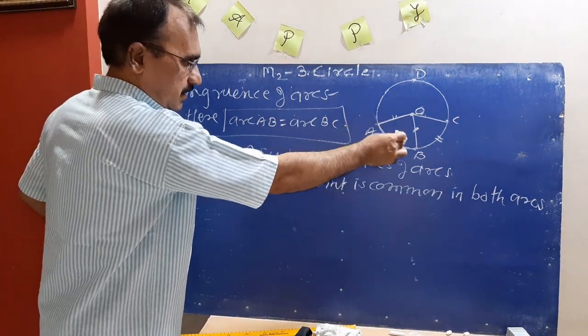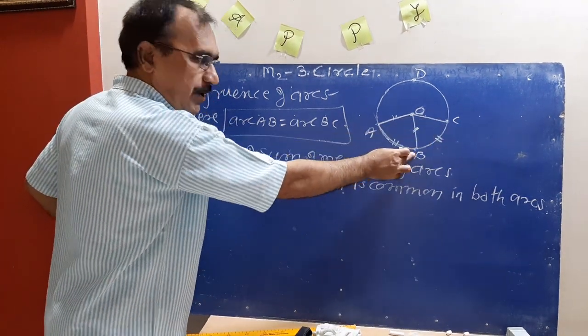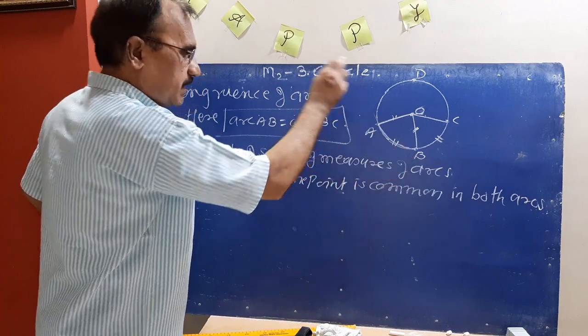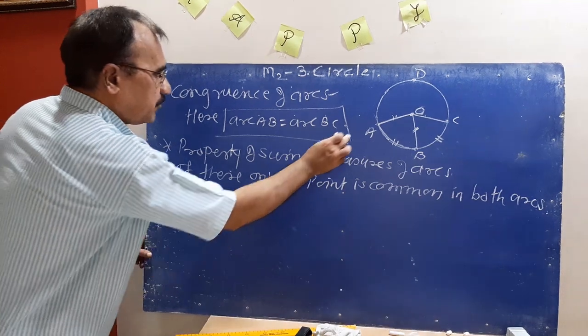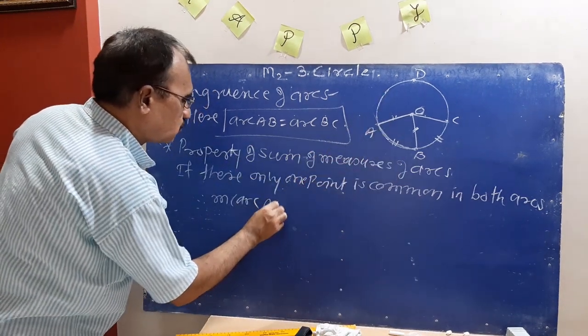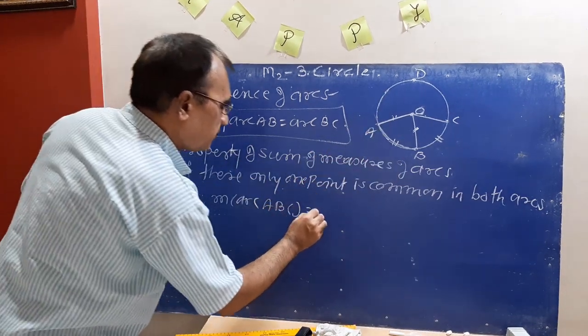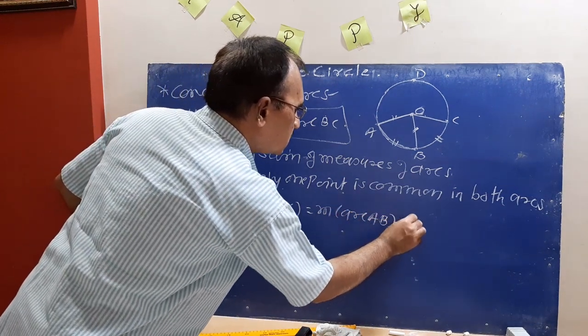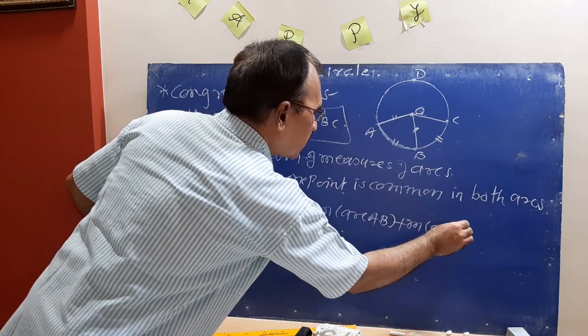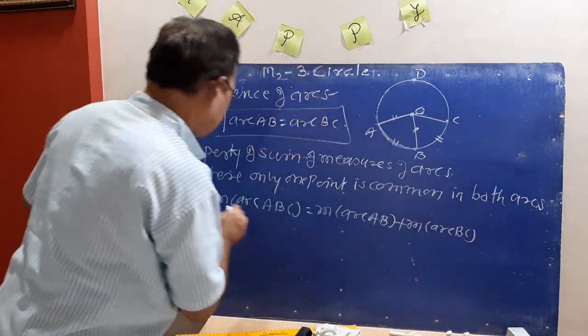Here in arc AB and arc BC, point B is common, and therefore we can write measure of arc ABC is equal to measure of arc AB plus measure of arc BC.